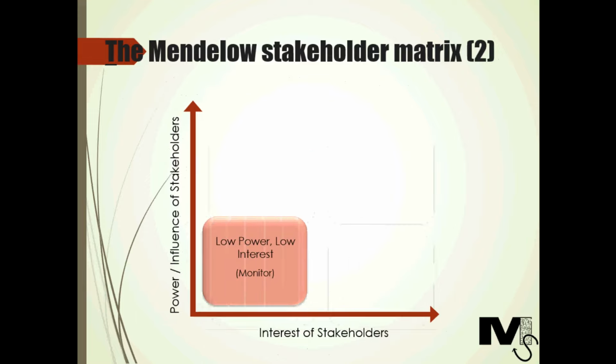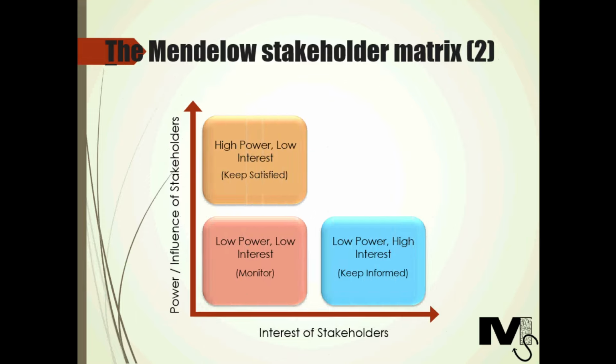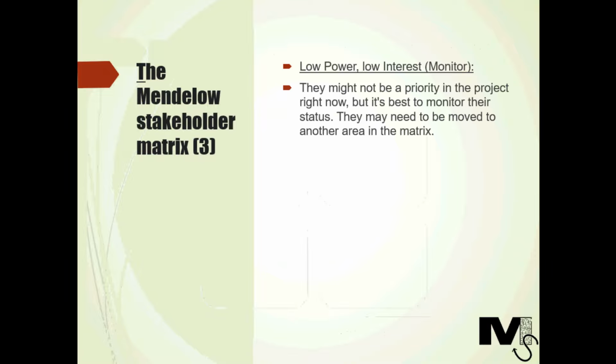So here are the 4 areas of the matrix. Now, what does it mean for a stakeholder to be in any of the 4 areas or quadrants? Let's go into detail for each quadrant. The first quadrant is low power, low interest stakeholders. Now, these are stakeholders who have low power and low interest in the project or organization.